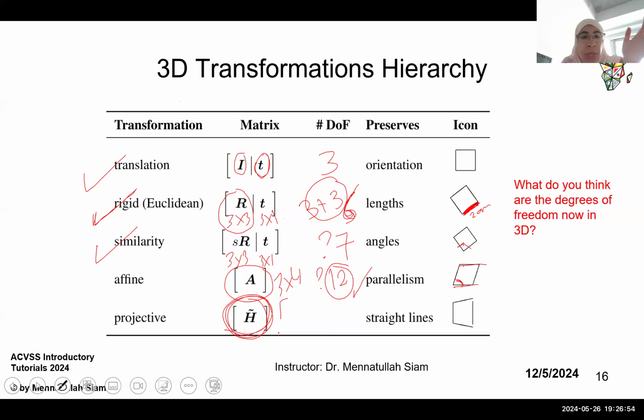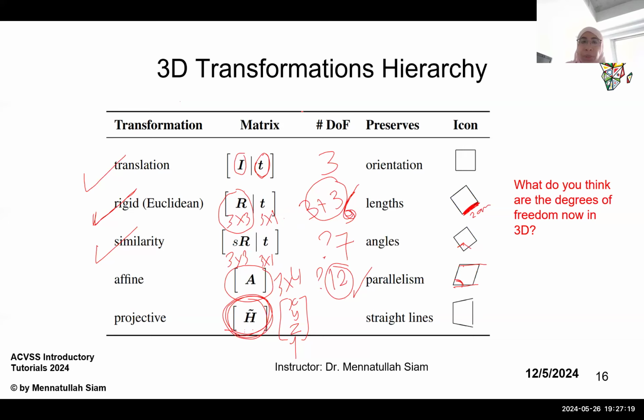It can get multiplied by any x, y, z, and 1. And it will transform it accordingly. So what do you think? What is the size of this matrix? Any suggestions? I can leave you to think about it.